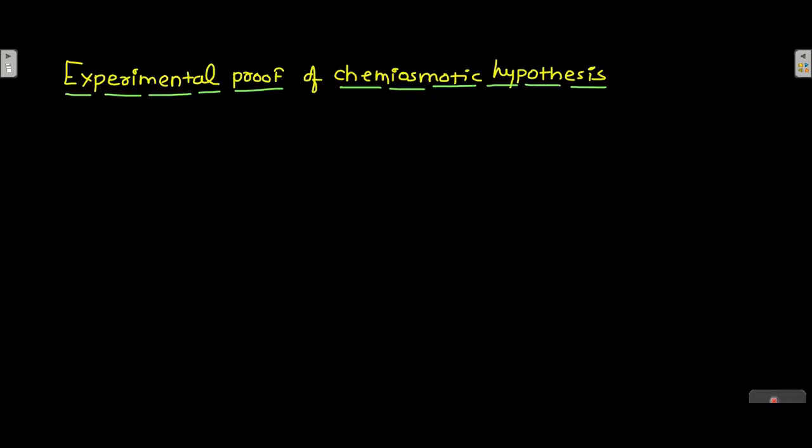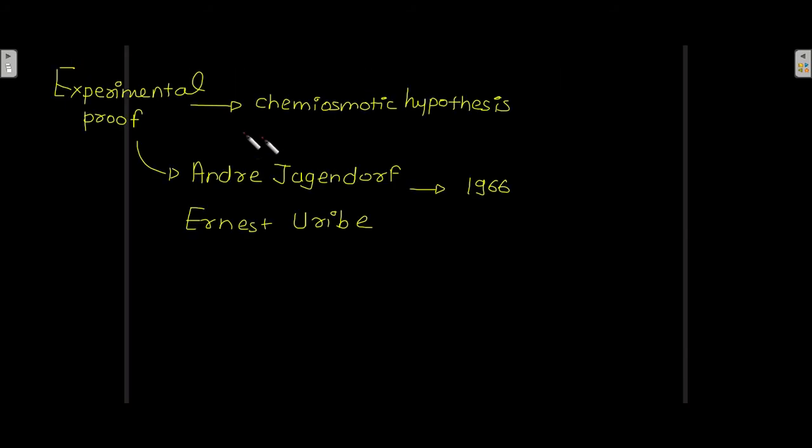Now let's look at the experimental proof of the chemiosmotic hypothesis. The experimental proof was provided by Andre Jagendorf and Ernest Uribe in 1966.